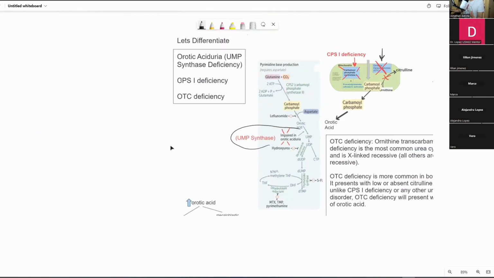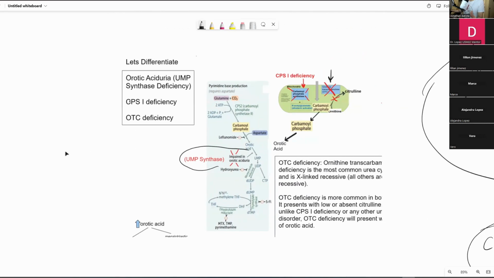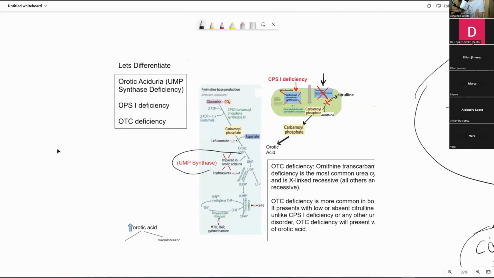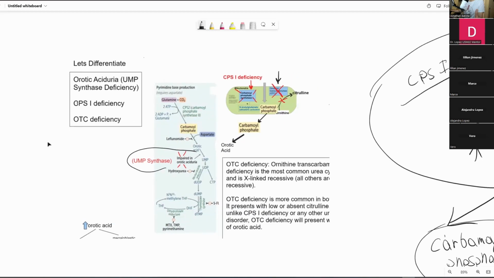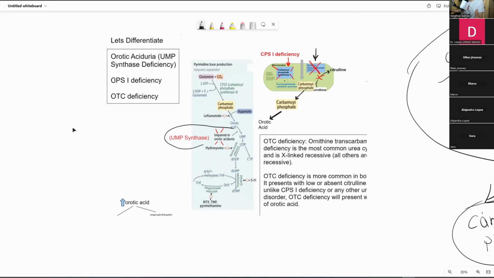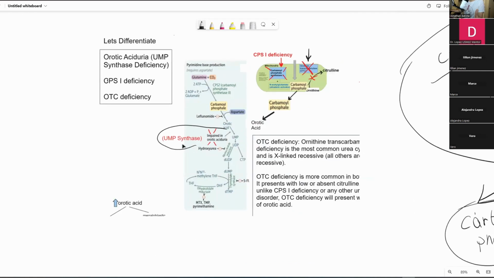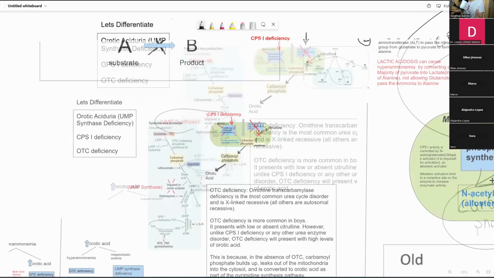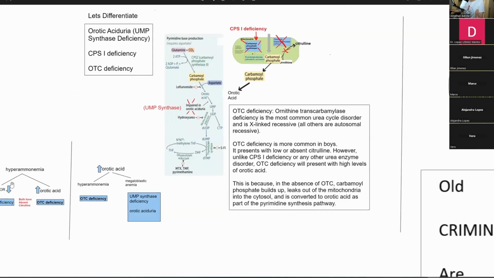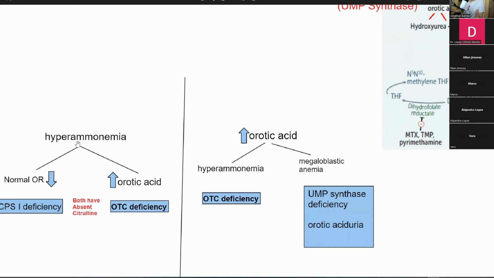Okay. Let's say you just want to get the answer right. You don't want to think too much. You don't want to be giving this so much thought. This is something very confusing to you. You can just follow the algorithm. Let's look at the algorithm. The algorithm is, if it's hyperammonemia, then it's obvious that it's a urea cycle enzyme that's not working.